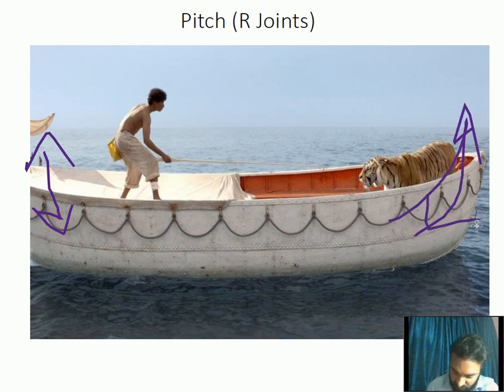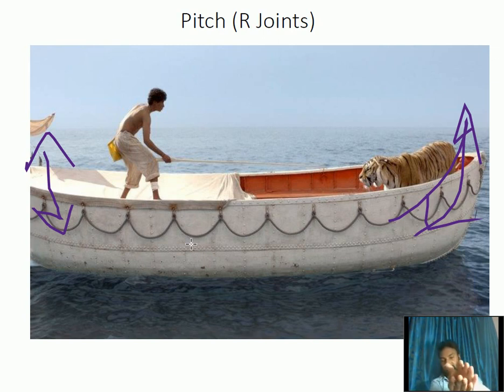It is just a visual to make you understand clearly that the movement of the board can be related to the movement of the wrist. If it moves this way, it is again pitch. If it moves this way, again this is pitch.